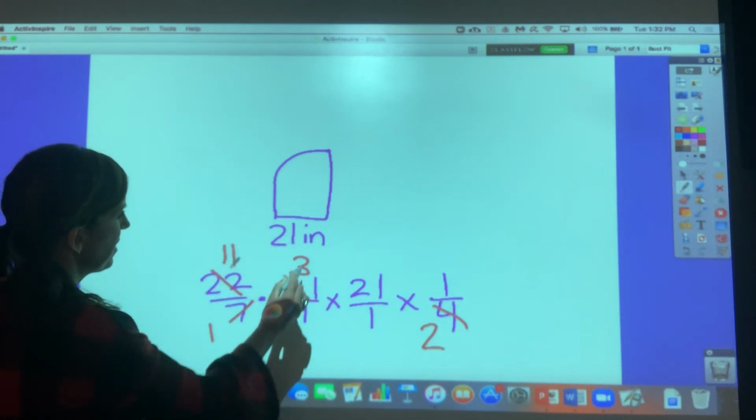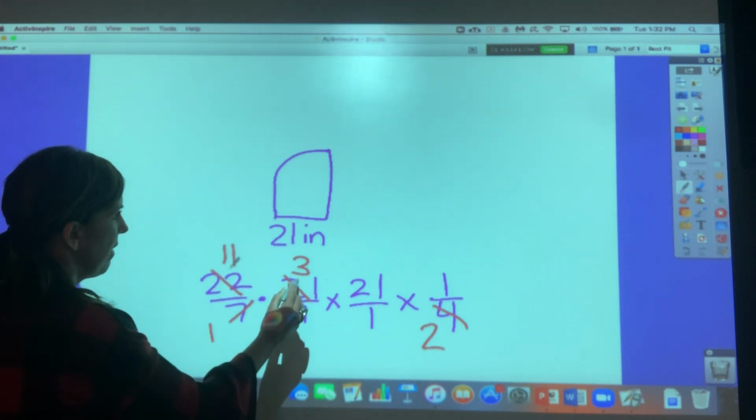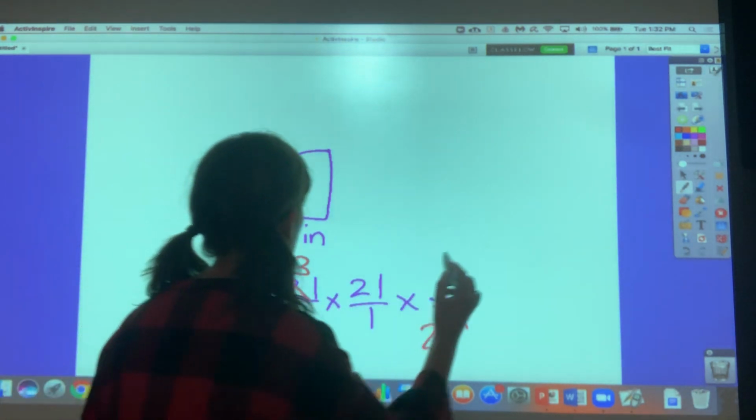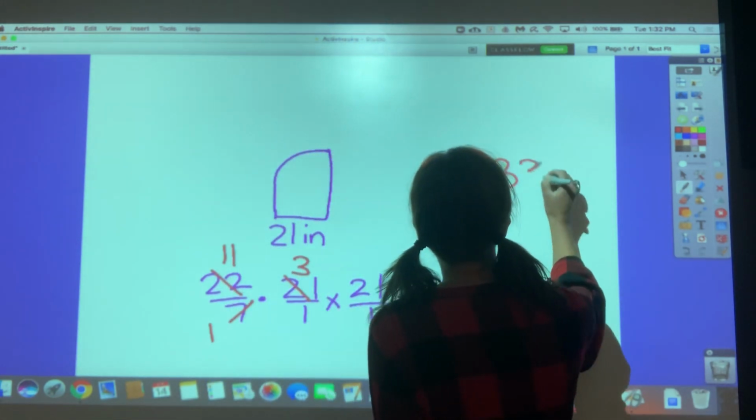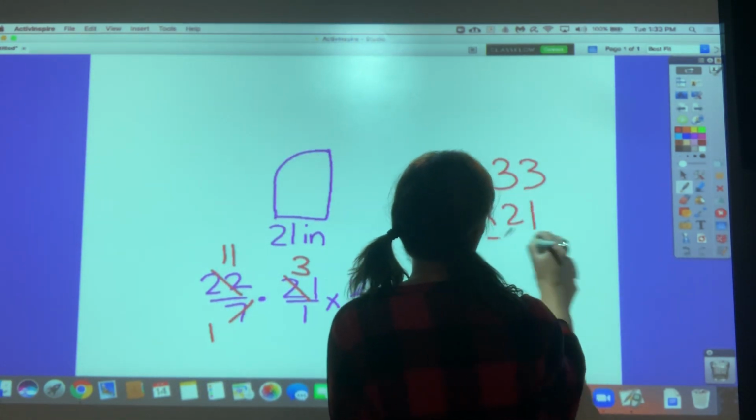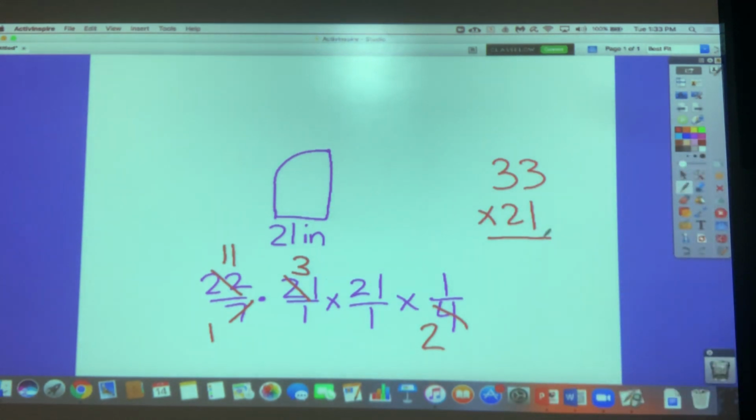Okay, so we're going to have 11 times 3, which is 33, and then we need to multiply that by 21. So we're going to have 33 times 21. Okay, 33 times 21.